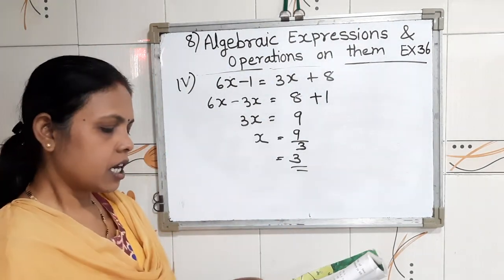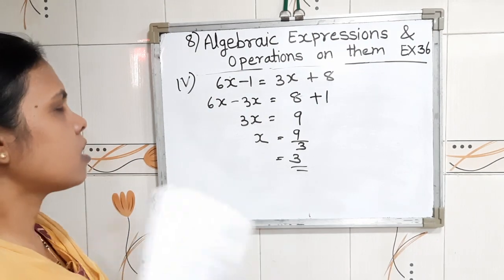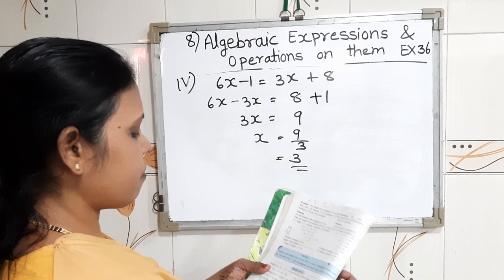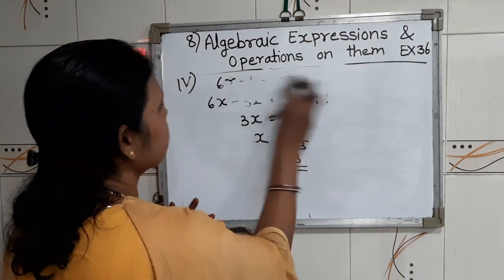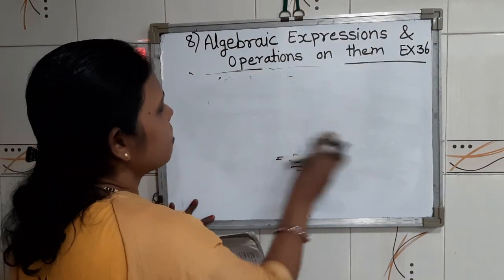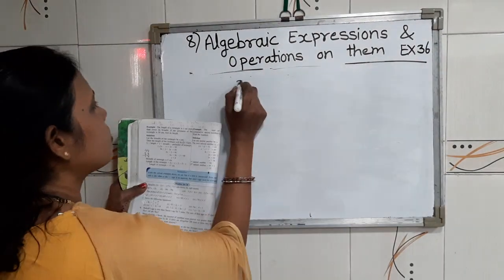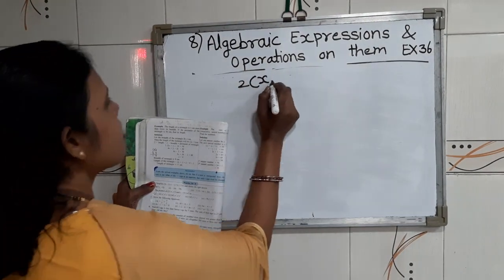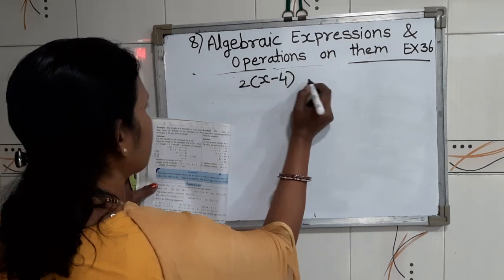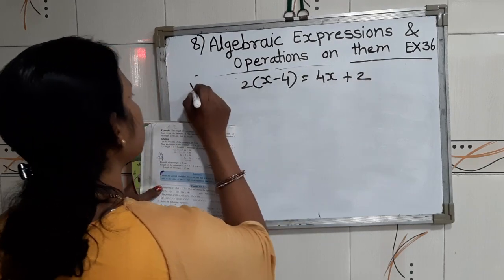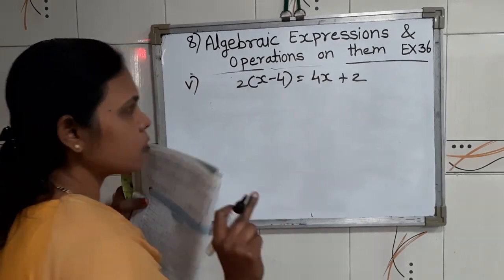So children, in the same way we will solve question number fifth one. Question number fifth is given. 2(x minus 4) equal to 4x plus 2. Question number fifth. What we will do?